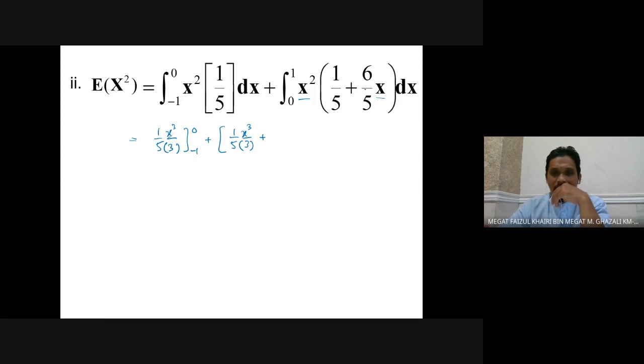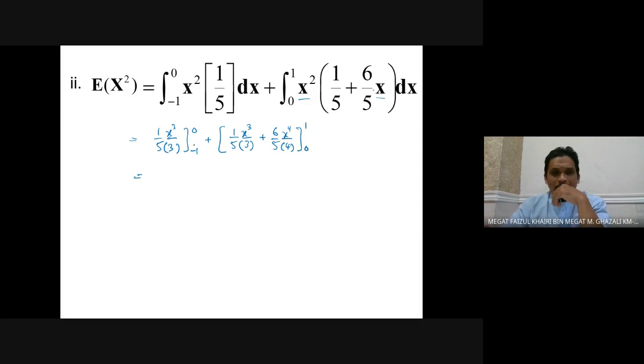So 6 over 5 times x cubed, integrate this, it gives you 6 over 5 x to the power of 4 divided by 4 from 0 until 1.